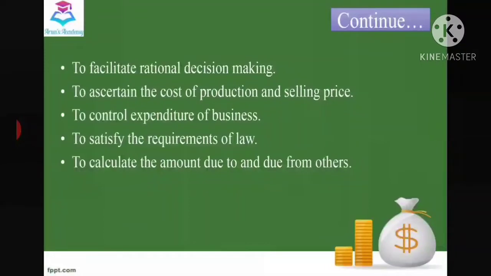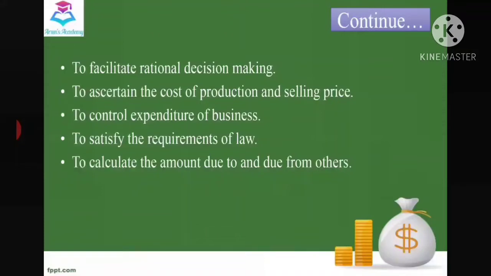With the help of this information and the financial position of the organization, we can make decisions about the organization and business entities. Next objective is to ascertain the cost of production and selling price.